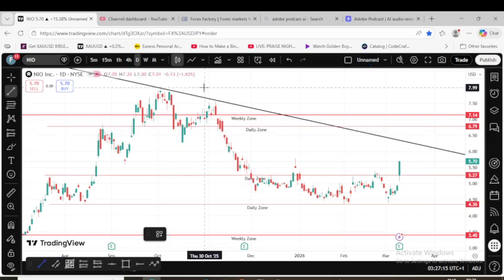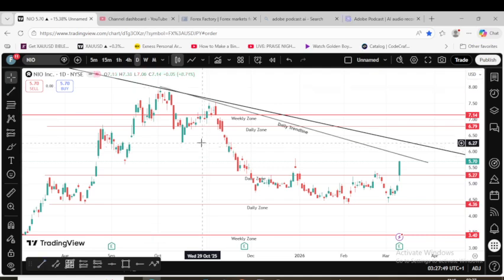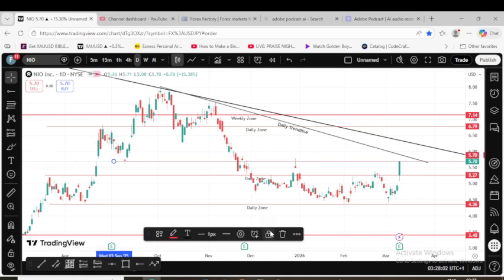And then we have a daily trend line like this, which mostly fits in with the weekly trend line that I already drew. Then we have another daily zone here.